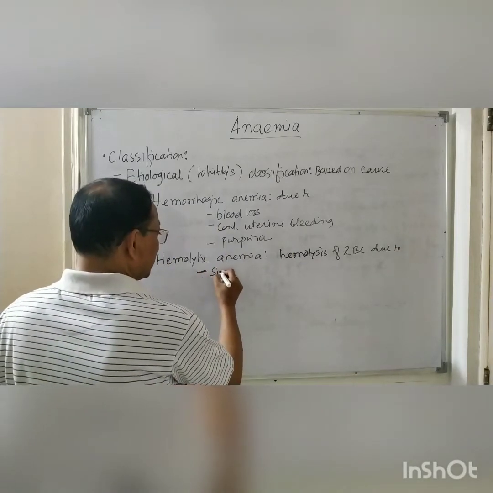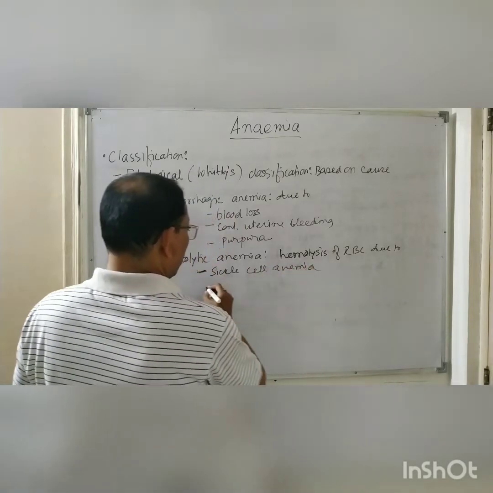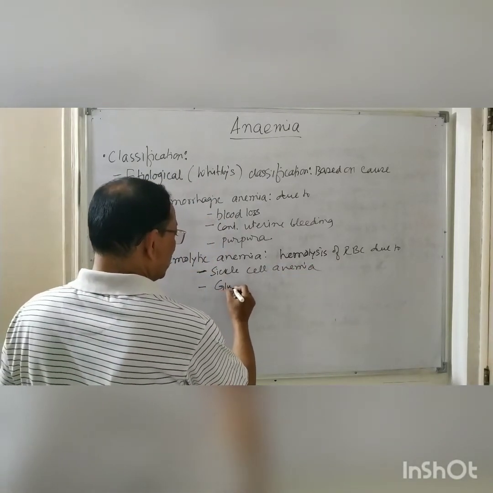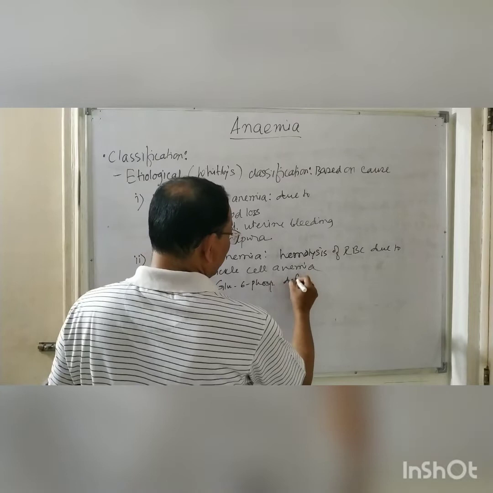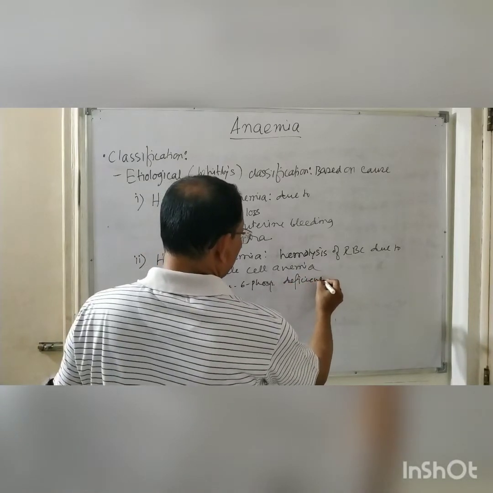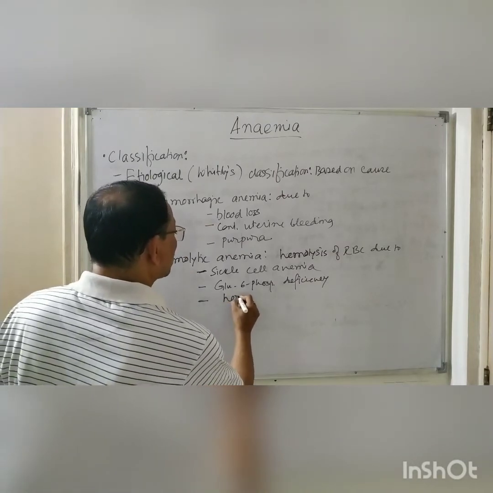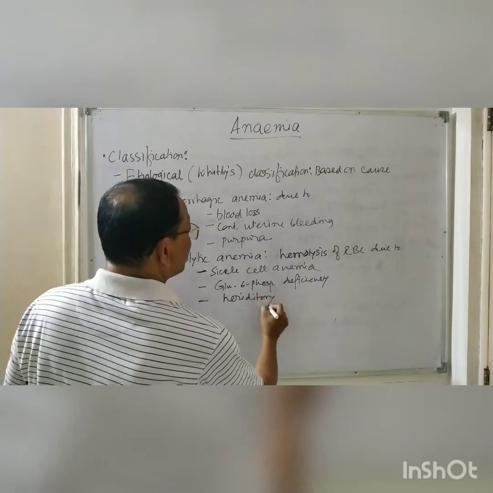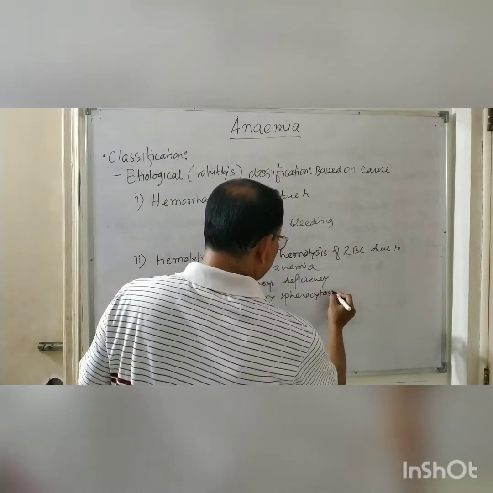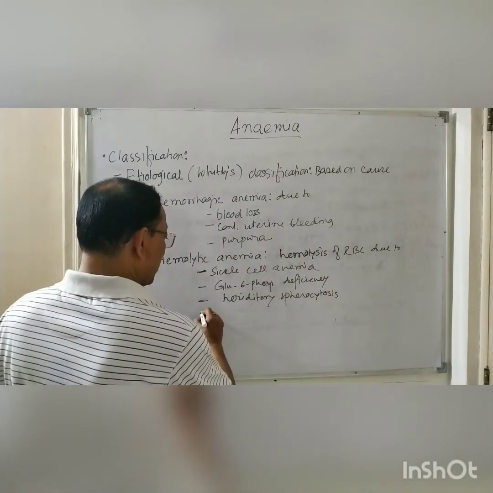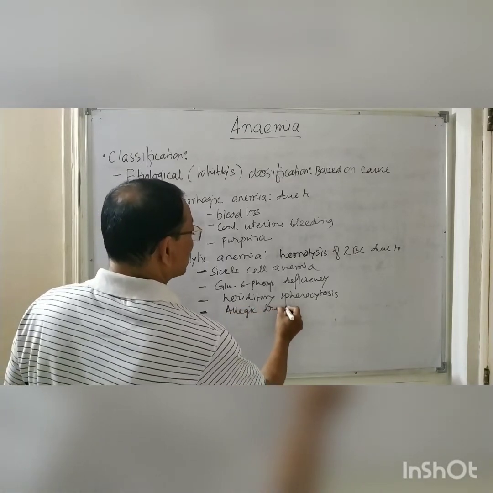This is due to what factors? There can be sickle cell anemia, glucose-6-phosphatase deficiency, hereditary spherocytosis, and there can be allergic reactions or drug reactions.